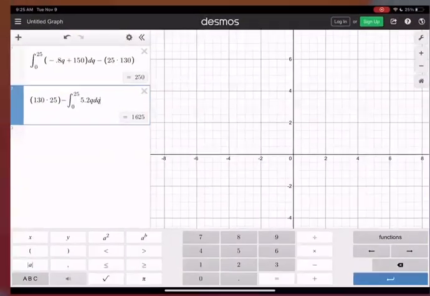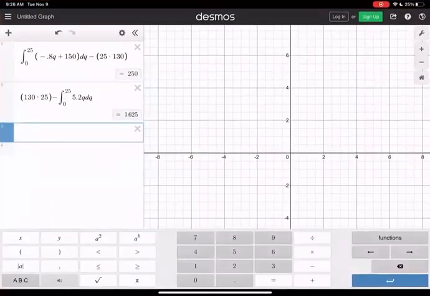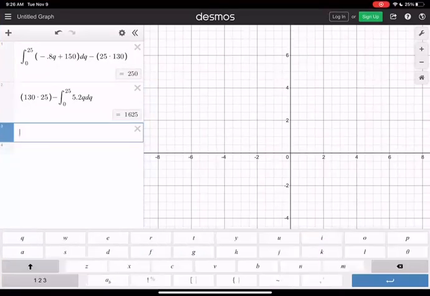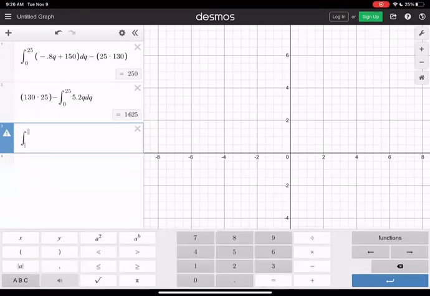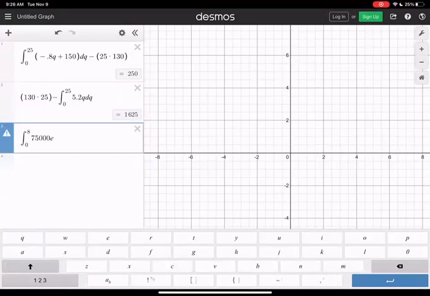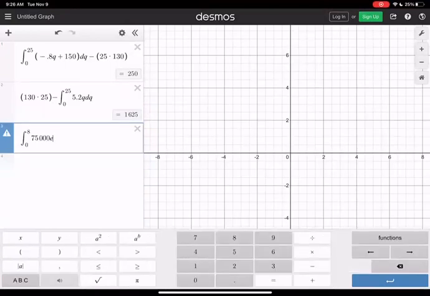We want to compute the integral from 0 to 8 of 75,000 times e to the power of negative 0.028 times t.